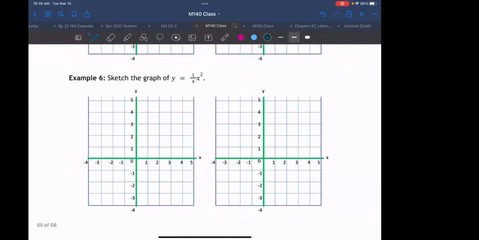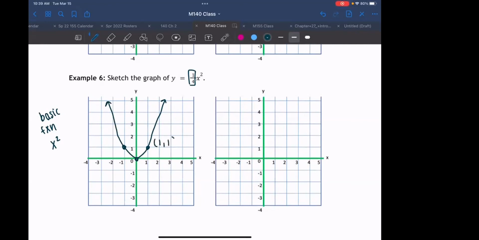Okay, so this one's a little bit different, but we're multiplying by 1/4, not just 4, right? So let's do the same thing. Our basic function is x squared, right? We can draw our graph again, draw it as many times as we want. Okay, and I can label the coordinates of each of these important points, right?